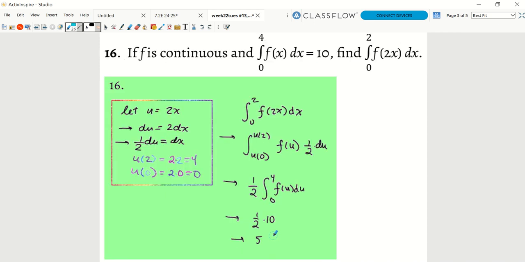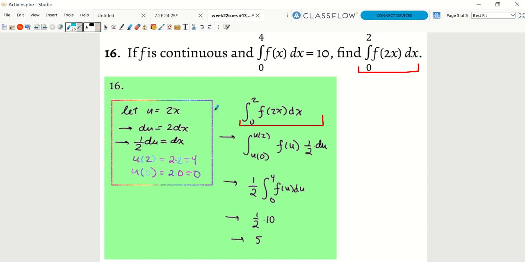Now, number 16. 16 is just a U-sub problem with antiderivatives. So we want this, which is right here. The upper and lower bounds are in terms of x, so we write it in terms of u.